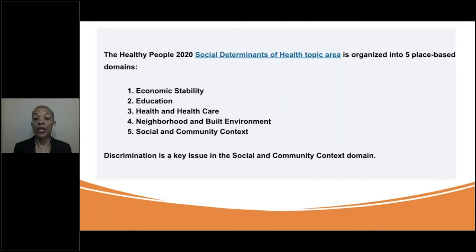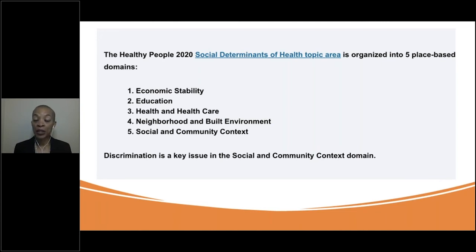Healthy People 2020 points out the social determinants of health are based on 5 place-based domains. And I think these are the domains that are critical, even if the team and I were to go back and look at our results from earlier years.